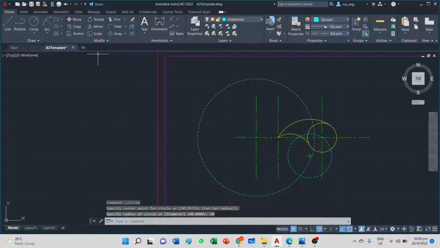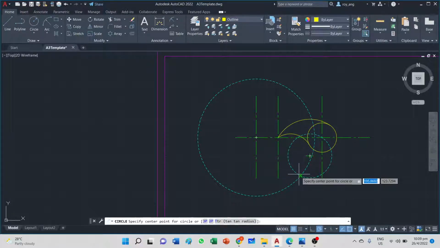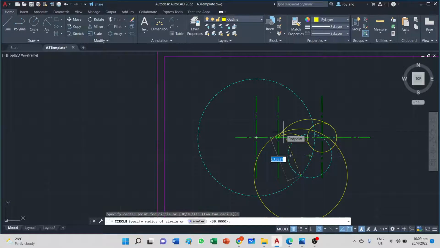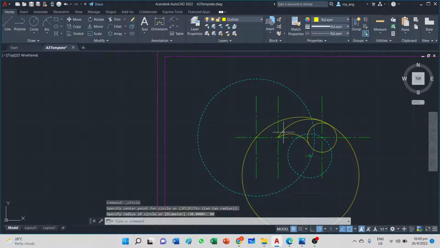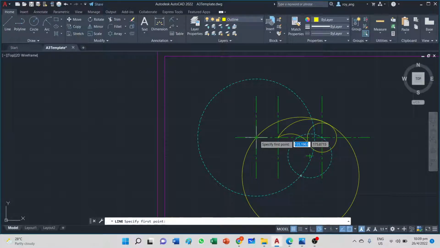Now straight away you'll know that it passes through this center, and I'm going to draw a circle, and the value of this circle is 80 millimeters, and you can see it passes through this point, and it is tangent to R50. Before you go about trimming, if you trim, you realize that the whole circle will be deleted because there is only one contact point at this time. So you actually need to draw a line from this end to this end. Then only then can you start trimming.